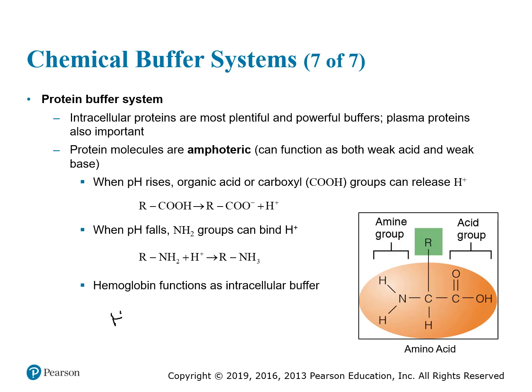It also acts as a buffer, and it takes up a hydrogen ion. Sorry if I've not written it very clearly, but this is the reduced hemoglobin, and it is showing that it has a hydrogen ion attached to it.